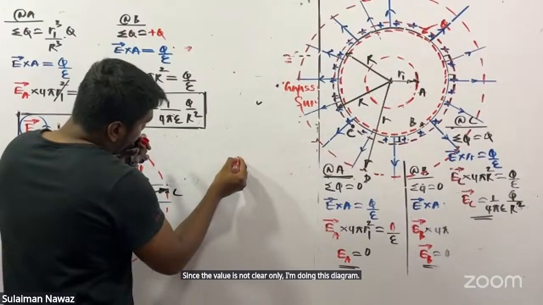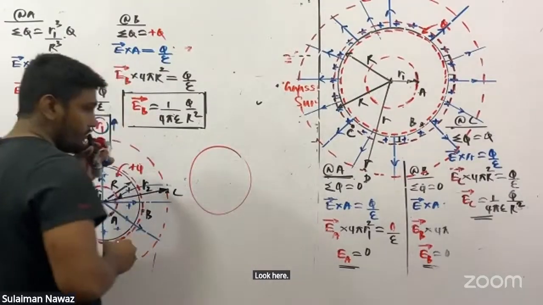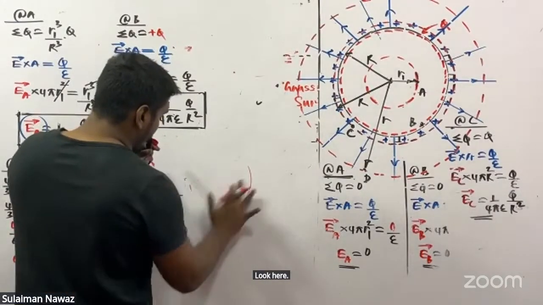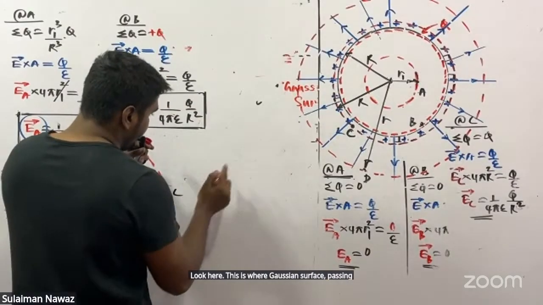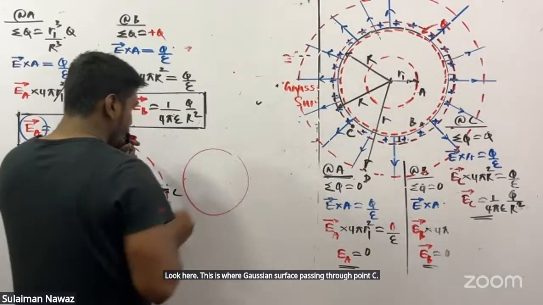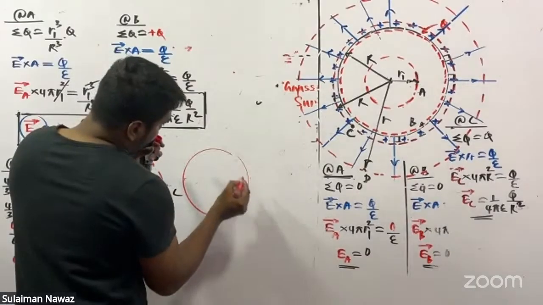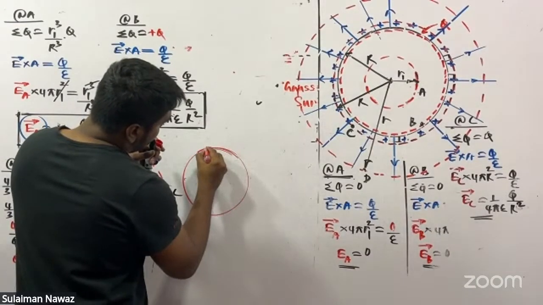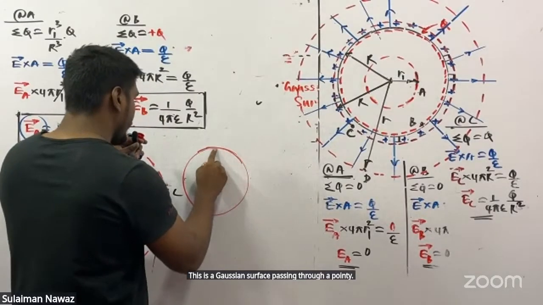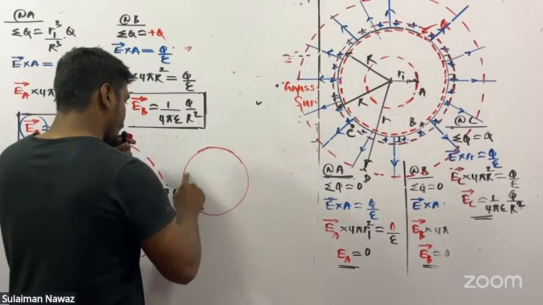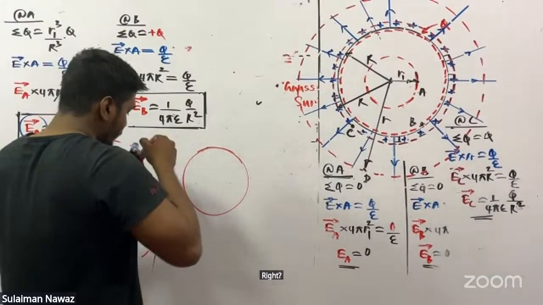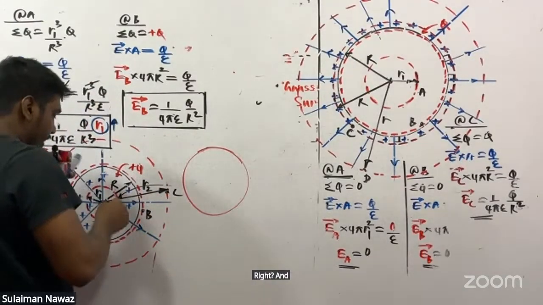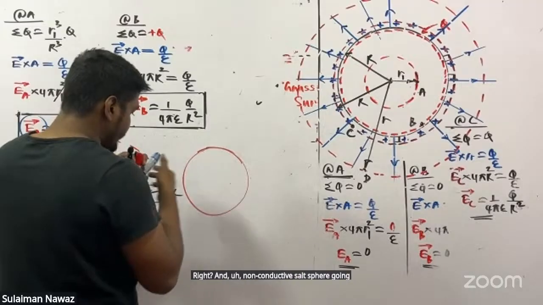Look here. This is your Gaussian surface passing through point C. And the non-conductive solid sphere is going to be inside.